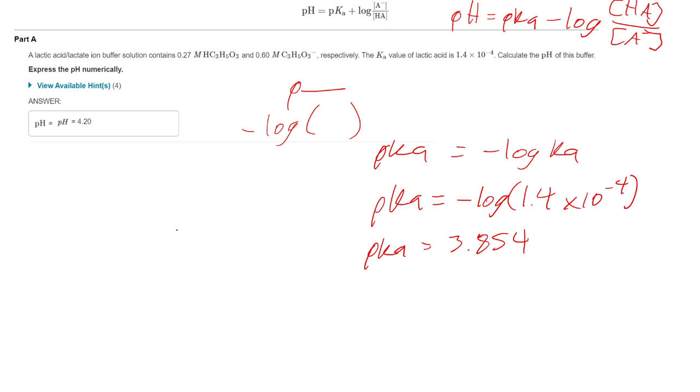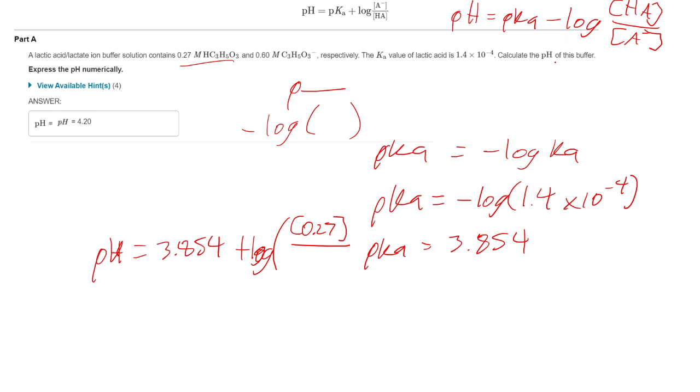There you go. We plug that value in, so pH, which is what we're looking for, equals 3.854 plus the log of the HA, that would be your weak acid up here, as we put that value in, 0.27, divided by, or whoops, I did the wrong one.